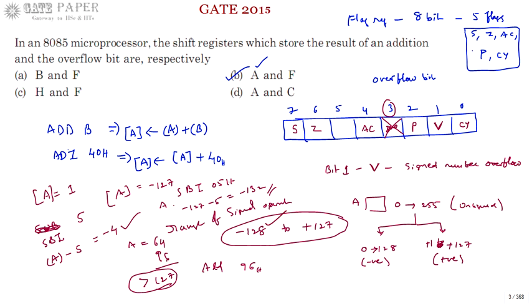Storing minus 129 or lower requires more than 8 bits. This type of result is called overflow. This overflow is identified with bit 1, so bit 1 is used as the overflow flag.